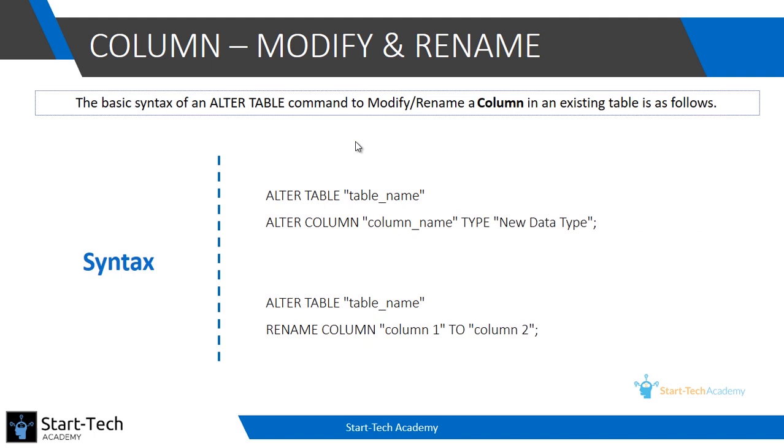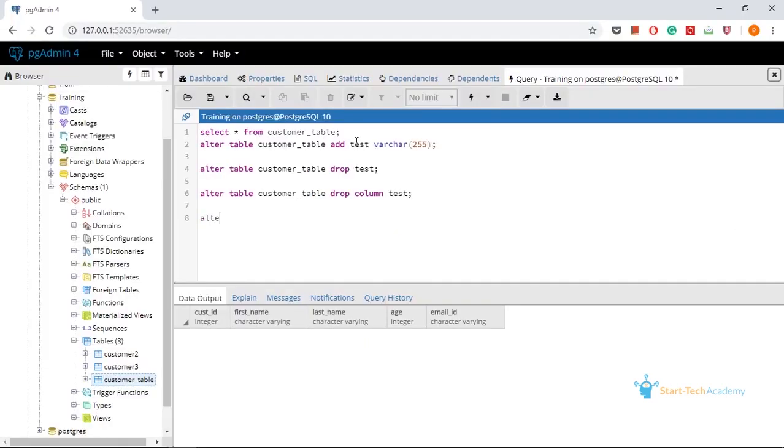Let us go and change the data type of age column from integer to variable characters. Alter table, customer table, then alter column, column name, type, then the new type which will be varchar.